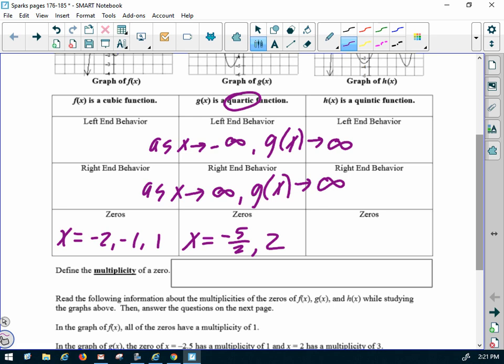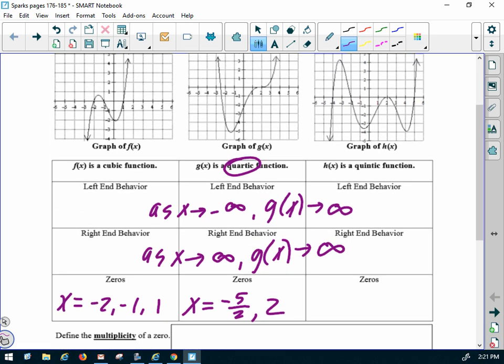That's a degree 4. Wait a minute. It looks like it's at 2 for a while. What we're going to talk about is how you can look at that graph and say, oh, I can tell how many times 2 is a root, is a zero. I'm pretty sure you've never done that before.